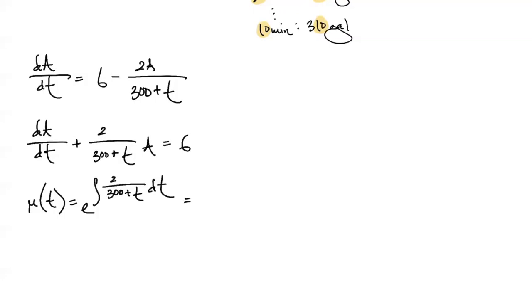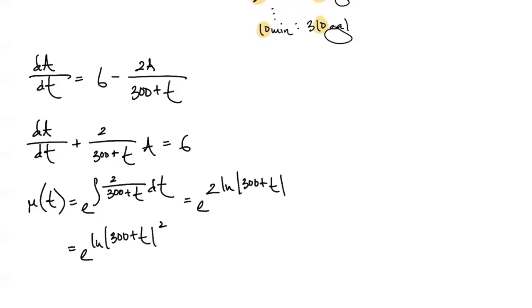Now, how do I integrate this? Well, I'm going to need a little bit of u-sub. I'll get e to the 2 times natural log of 300 plus t. We remember a handy trick that we can bring that coefficient up as an exponent.